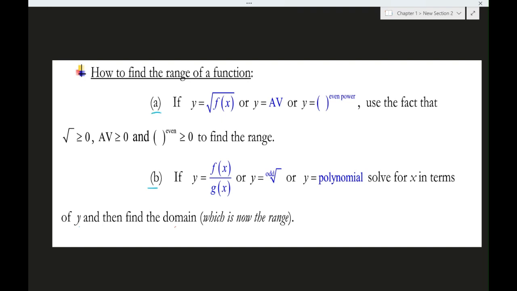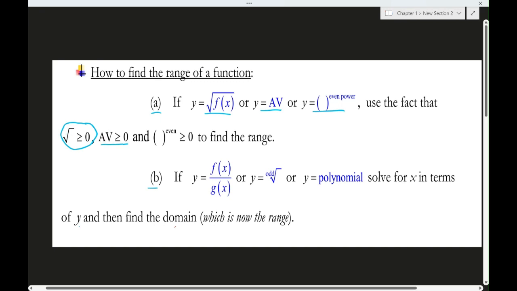Here we have the first category: if we are looking for the range of an even root, an absolute value function, or an even power, we can use the following fact: the even root is always non-negative. Here we use a square root, but it applies to any even root.